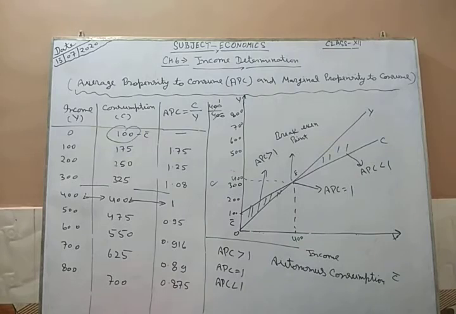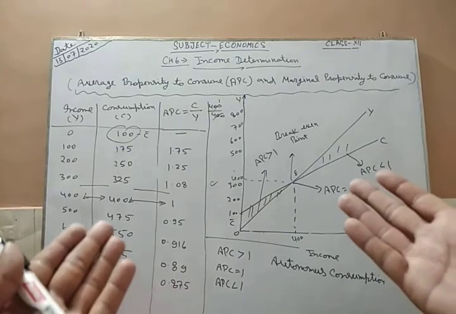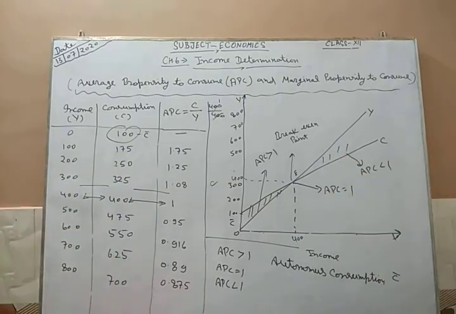You can see in this diagram all presentation is given. In this diagram you can see average propensity to consume may be greater than 1, may be less than 1 or may be 1, but APC never zero. Why it is not zero? Because consumption is never zero, and if consumption is never zero then average propensity to consume is never zero.